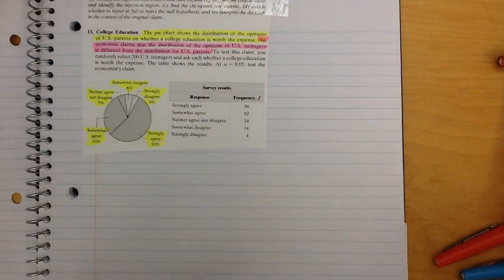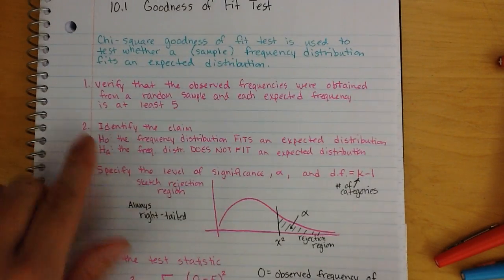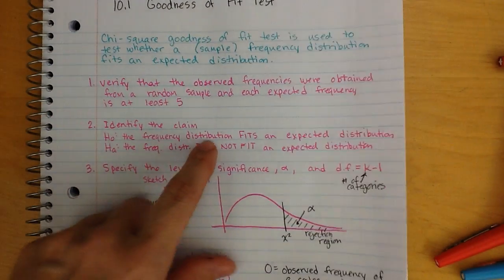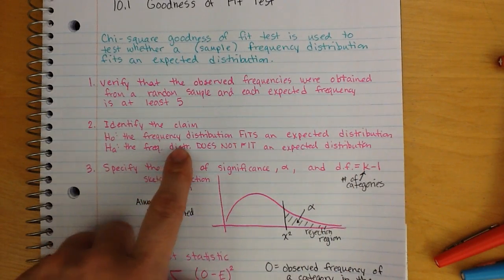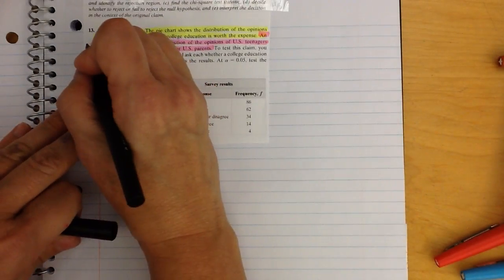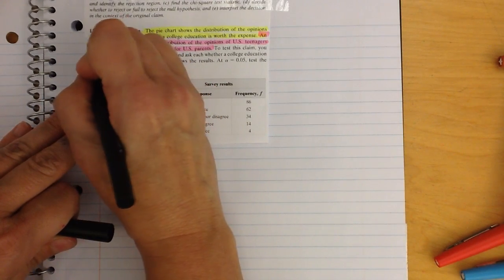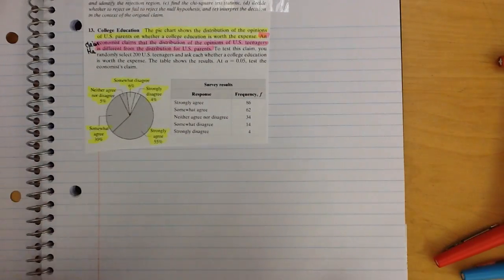So H sub 0, remember, H sub 0 is the frequency distribution fits the expected distribution. H sub A is the frequency distribution does not fit the expected distribution. So this claim right here has to be H sub A because H sub A is the one that doesn't fit.